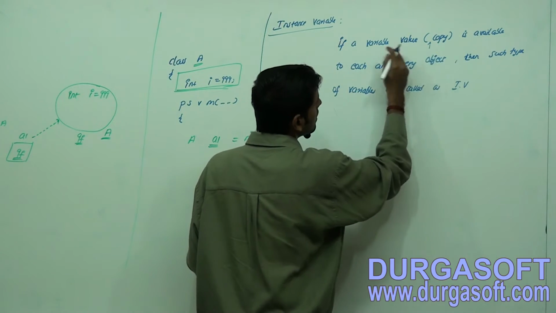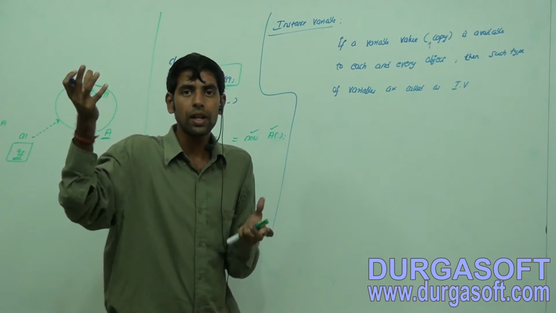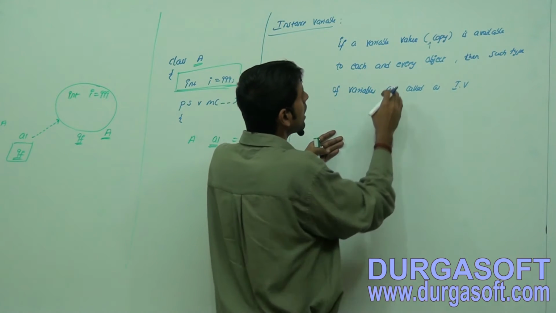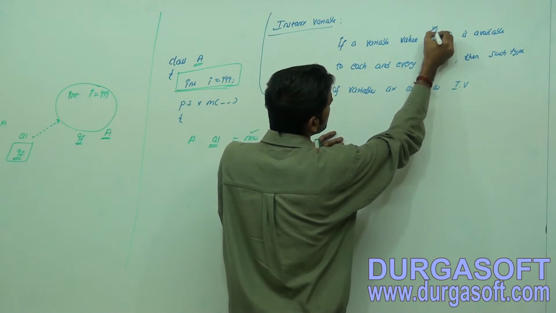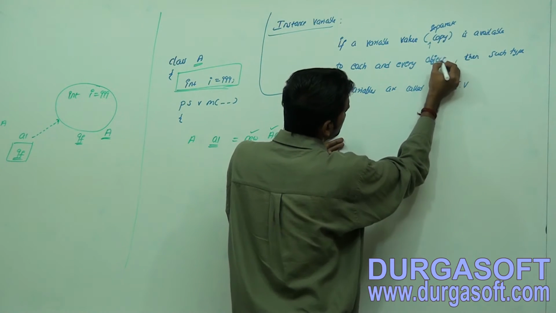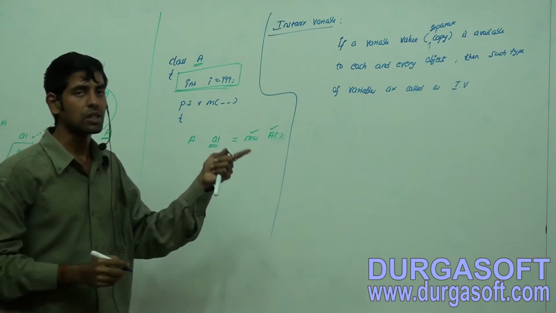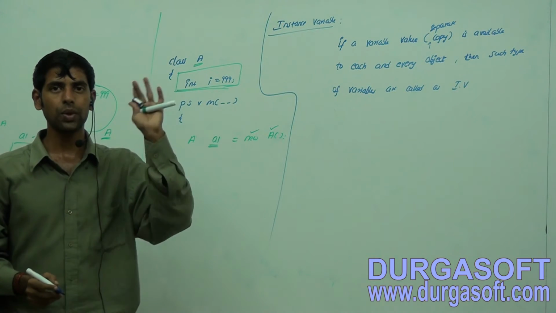This is a variable value, meaning a separate copy will be there for each and every object. A separate copy, friends, will be available to each and every object creation.